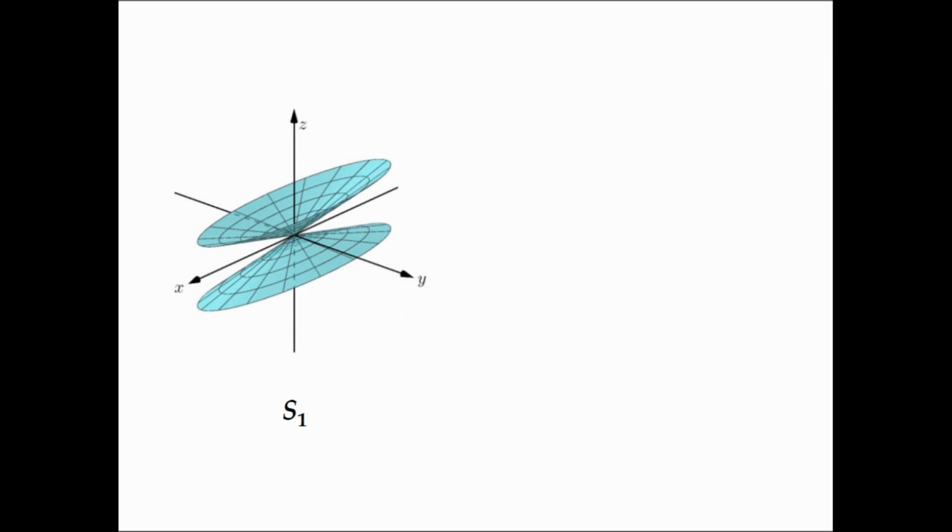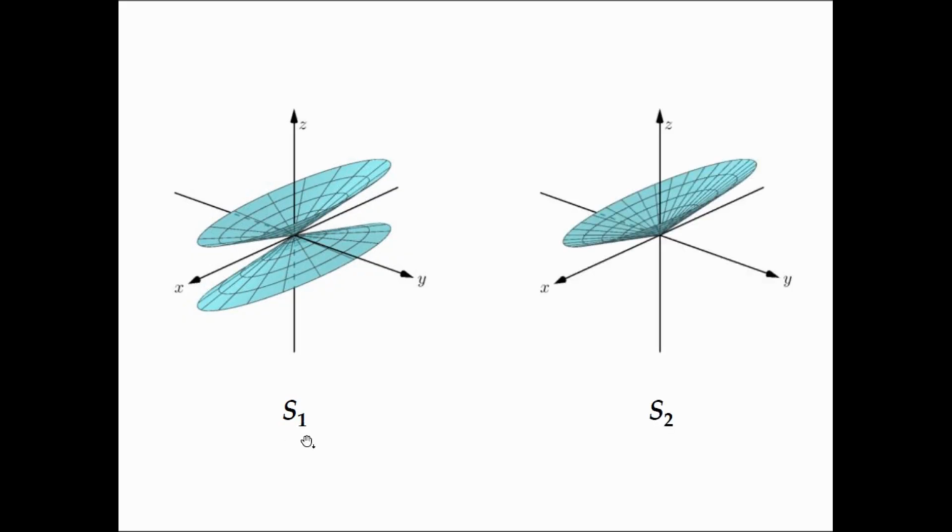Para makita natin yung difference between the two surfaces discussed. This is a portion of the graph of S1. Pinutol lang natin sa plane na to sa taas at sa baba. But this is an elliptic cone. Meanwhile, S2, we show here a portion of the graph of S2.